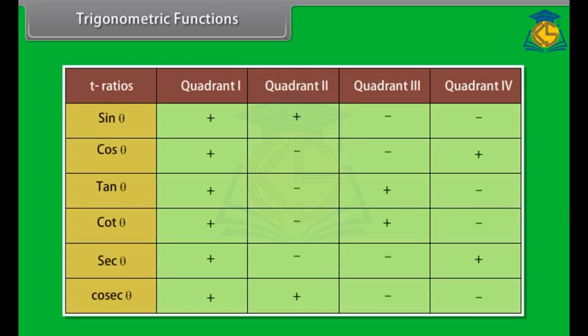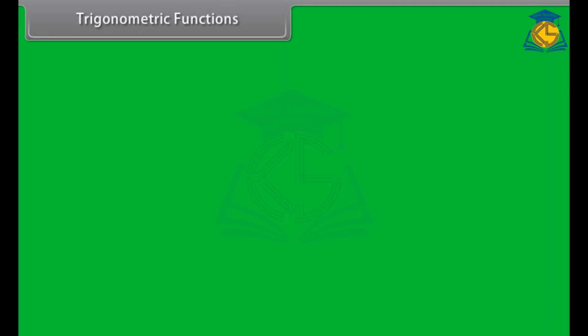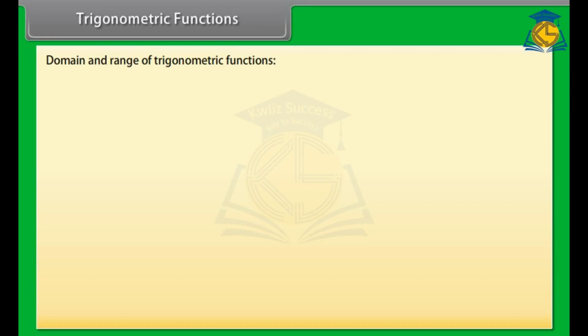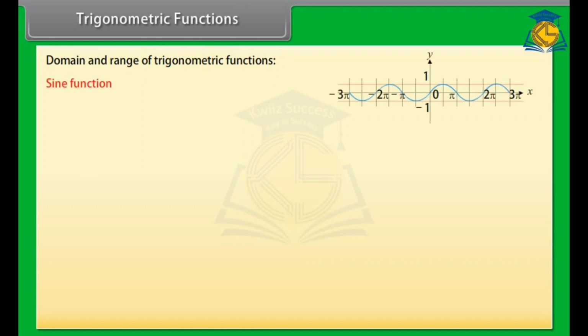Trigonometric functions. In the table given below, the signs of all the T ratios are given in each quadrant. Trigonometric functions. Domain and range of trigonometric functions. As we have studied earlier, an angle can be considered as a real number, so we denote the angle by x, not theta. Sine function.